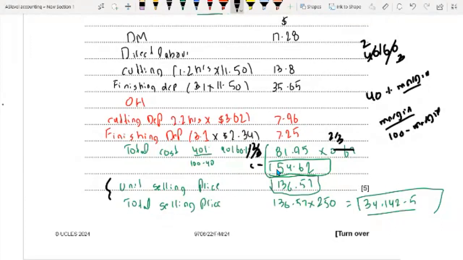This is the margin 54.62, and we have to add this margin to the cost. So we get a selling price of 136.57, and our total selling price would be, because the demand from the customer is 250 units, 136.57 multiplied by 250. So this is the total selling price.